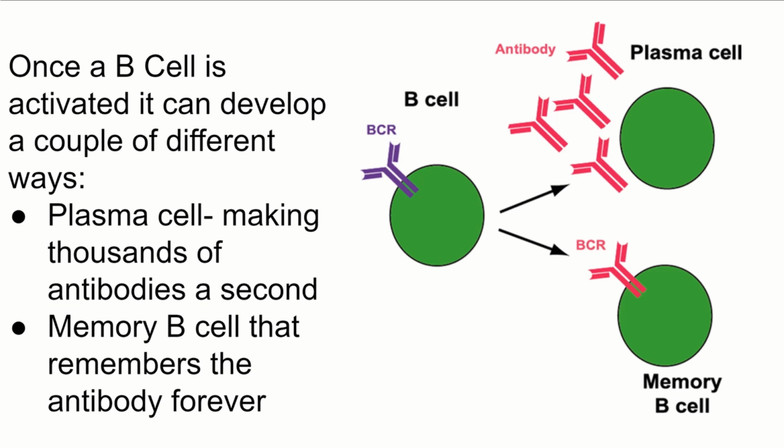It can become a plasma cell, or it can become a memory B cell. Plasma cells make thousands of antibodies a second. They are antibody making machines. The memory B cells, on the other hand, are going to remember how to make that antibody forever.